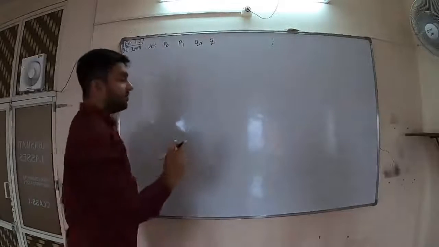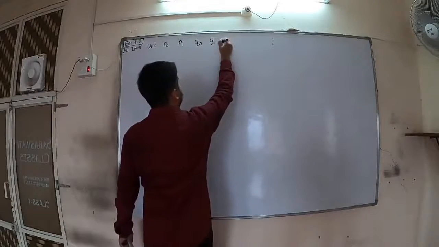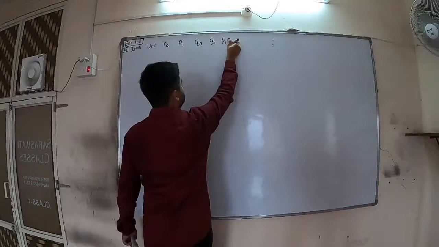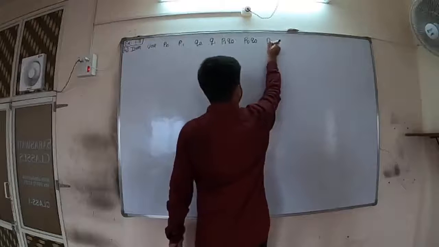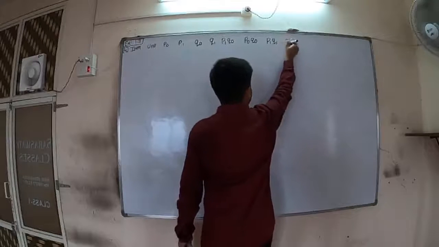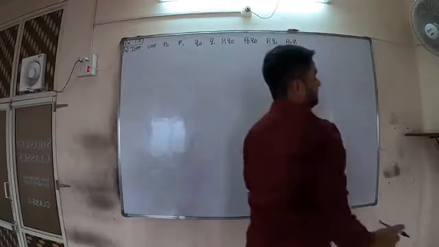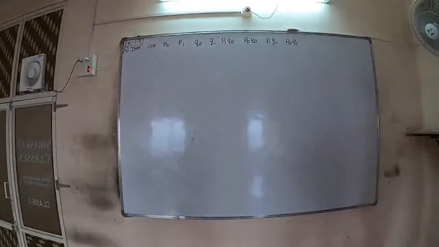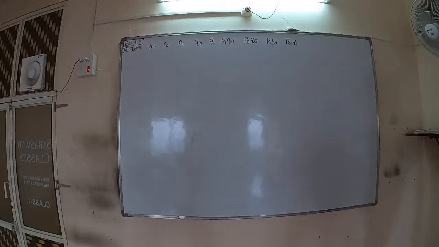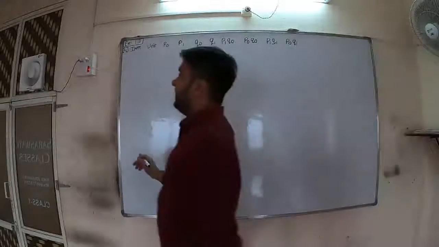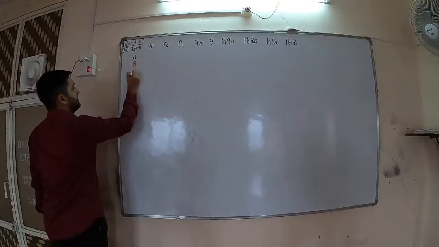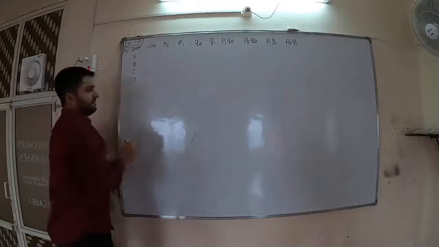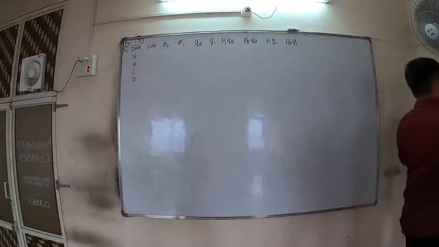Now you all know the 4 columns: P1 Q0, P0 Q0, P1 Q1, finally P0 Q1. We have 4 items: A, B, C, D. I will draw the lines.